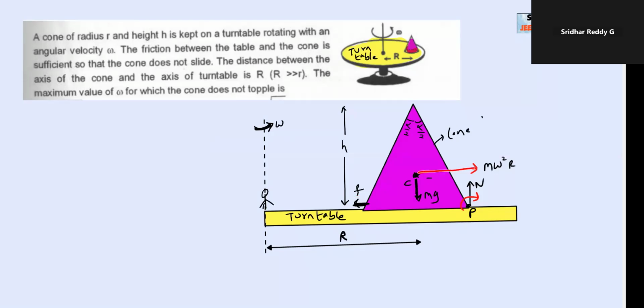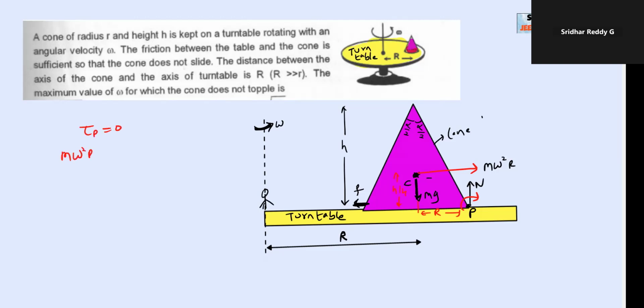For the centrifugal force on a cone, the center of mass is at H by 4. We'll indicate that in the diagram, and this distance will be R. Net torque about point P should be 0.